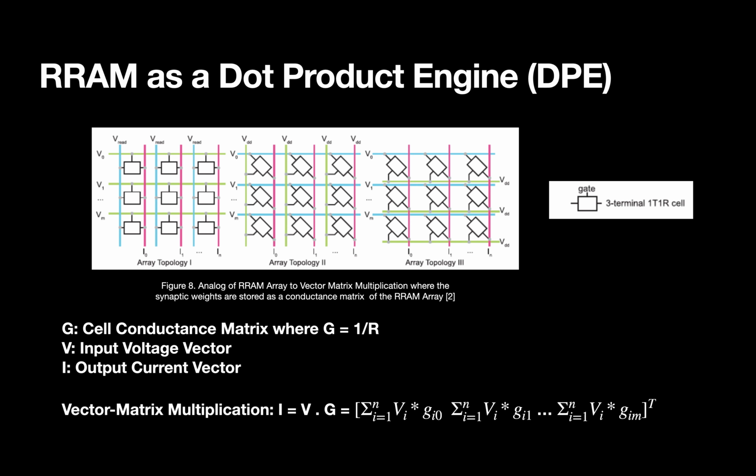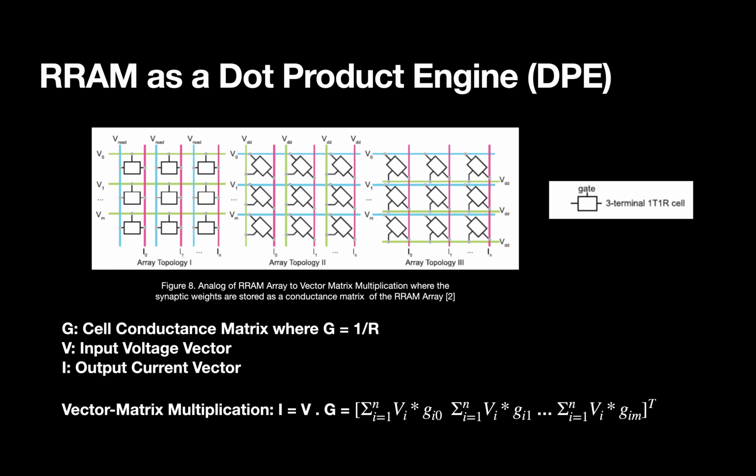Figure 8 shows the use of an RRAM array for performing dot product computation. Each bit line connects to each word line through an RRAM cell. Let G denote the conductance matrix, where conductance is 1 over R, and V denote the voltage matrix. On applying the voltages to the conductance of each cell, a current passes from the cell into a bit line.